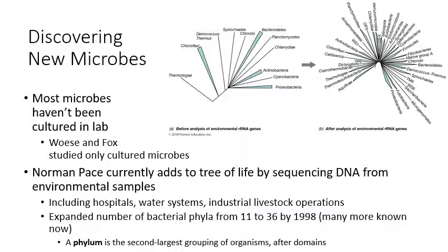And it's this guy, Norman Pace, who's done a lot to add to our understanding of how diverse microbes are. What he has done is take samples from the environment, like from the water, from the soil, even from livestock farms and from hospitals. And he just sequences that sample. Sequences the DNA from the sample, and based on that, he's going to get sequences for all the different species that happen to be in the sample, and he can compare them.